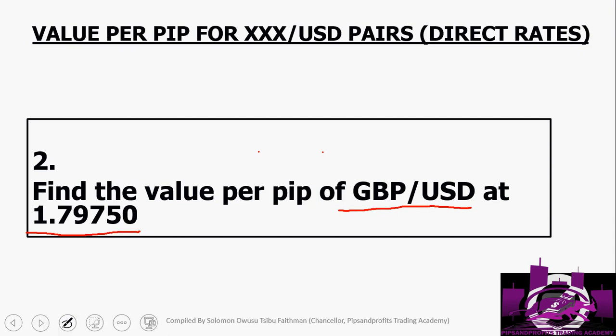Now, after we've gone through this, you are going to see why the answers are the same. You realize that the answer we had for Euro USD is the same as the answer we are getting for GBP USD. Why is it like that? We are going to know it very soon.